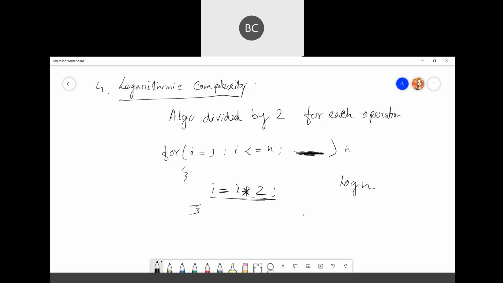For the time being, just remember any algorithm which involves the divide and conquer approach, most of the time the complexity is log n.